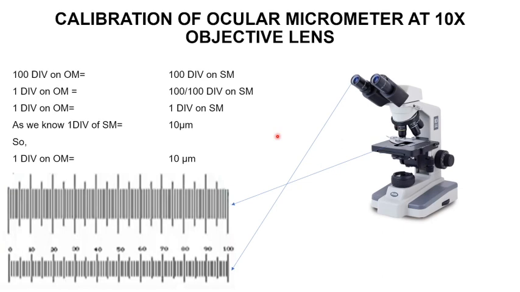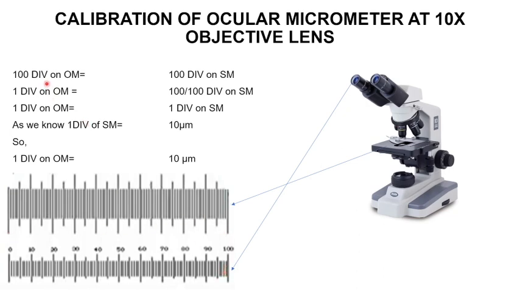And now the calibration of ocular micrometer at 10x objective lens. You will follow the same procedure as discussed in the previous slide. These are the images of the stage micrometer and the ocular micrometer. As you can see, these 100 divisions of stage micrometer are equal to the 100 divisions of ocular micrometer.